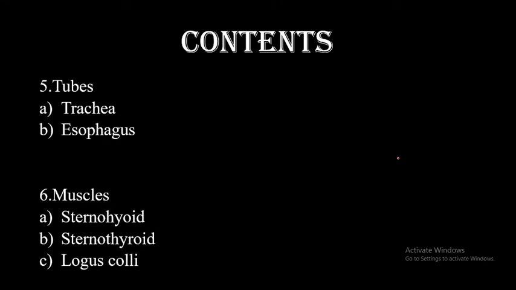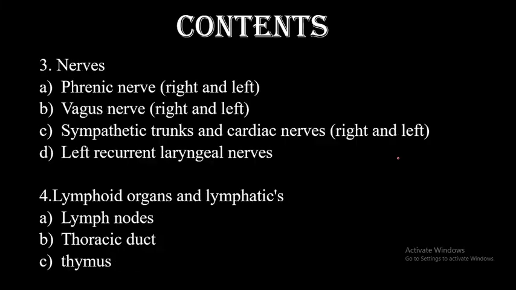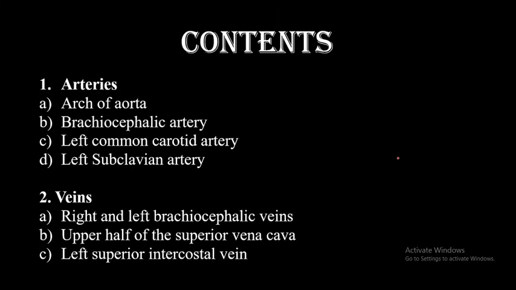The two tubes which are present in the superior mediastinum are the trachea and the esophagus, and the muscles which are present are sternohyoid, sternothyroid, and the longus colli muscle. So if a question comes on what are the contents or enumerate the contents of the superior mediastinum, you have to write in the same order.